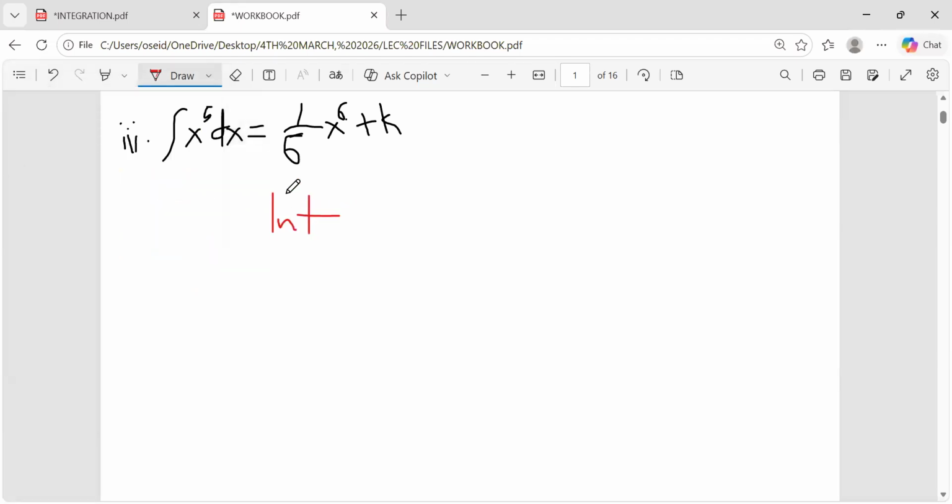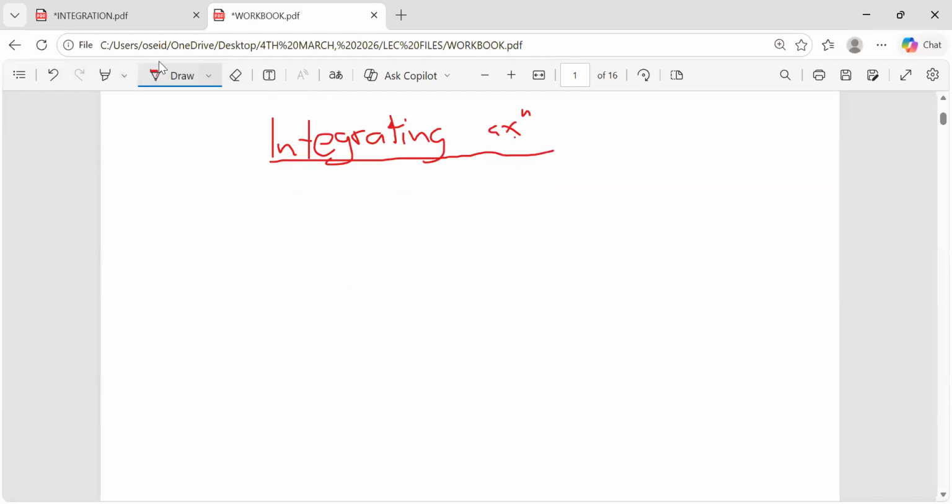Integrating ax exponent n, so we are going to get the integral of 2x cubed dx.